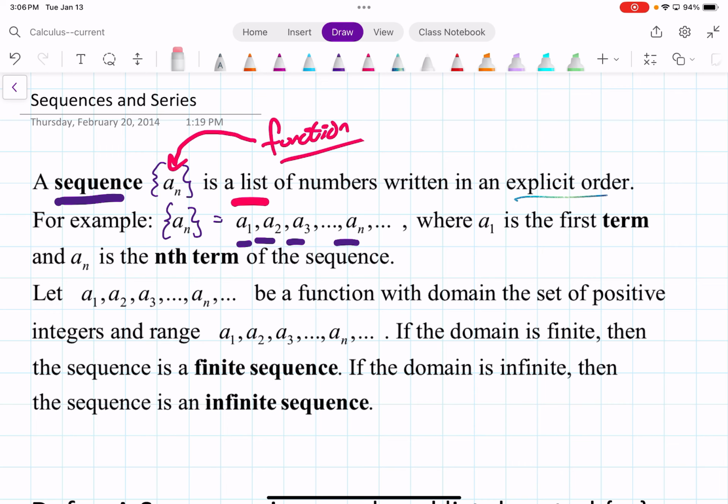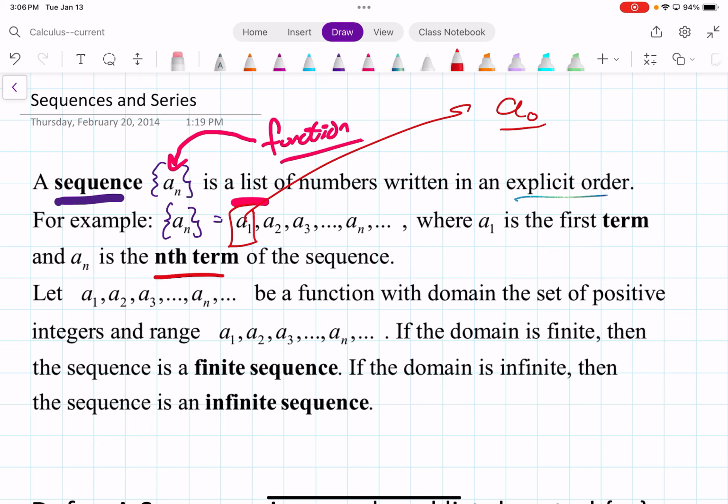We have the first number in the list, usually a sub 1, but it doesn't have to be. An alternate first number in the list that's really common is a sub 0. Sometimes it does make sense, in some of these countings, to think about the 0th number, which is the first number. We'll talk a little bit more about that and see some examples.